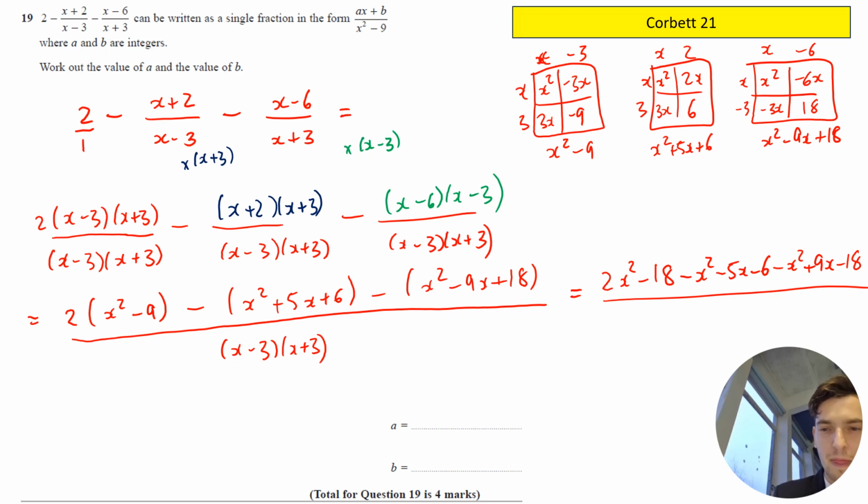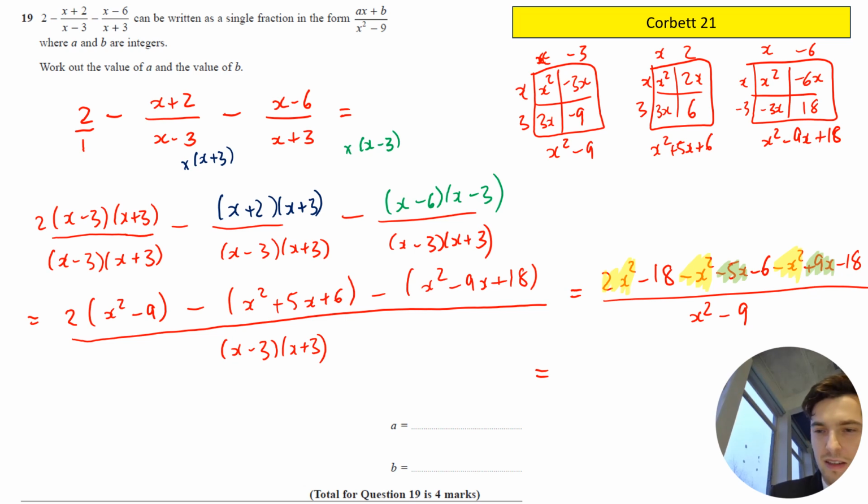All over, and I'm just going to write x squared minus 9 because the question wants it in that form. And now I just need to collect like terms. So I've got 2x squared minus x squared minus x squared. So 2x squared minus x squared. So that's actually 0x squared. Then I've got plus 9x minus 4x.